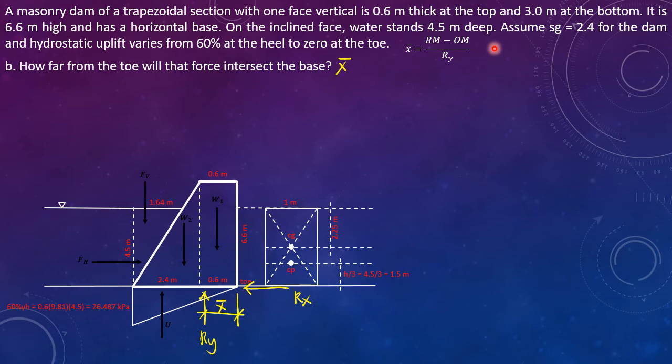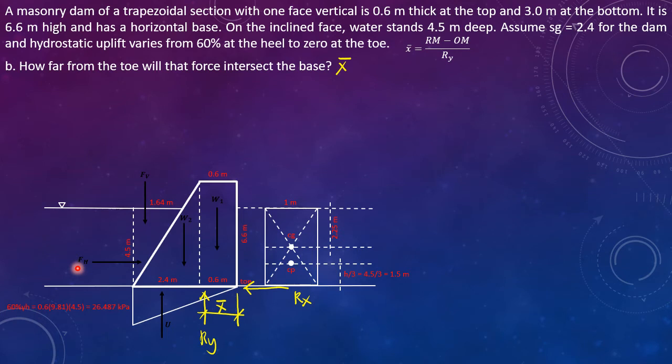For the overturning moment, this is created by the forces acting in the dam that tend to overturn the dam about the toe. So these forces are the hydrostatic uplift, which tends to overturn the dam about the toe, and also FH.